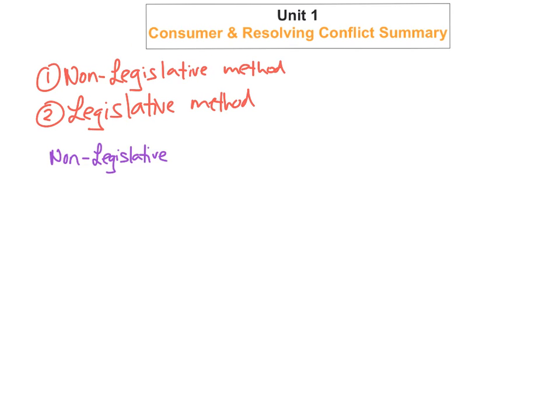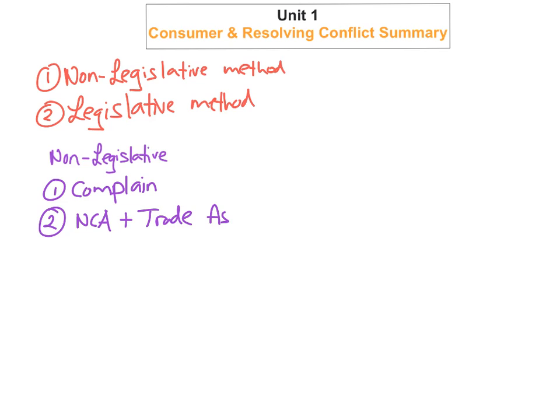So we're going to look at, first of all, the non-legislative methods, and the first way is basically for the consumer to complain to the retailer. So basically just the consumer complains to the retailer and the retailer and the consumer just sort it out between themselves. The second way is to get help from the NCA or some other agency such as the trade association.